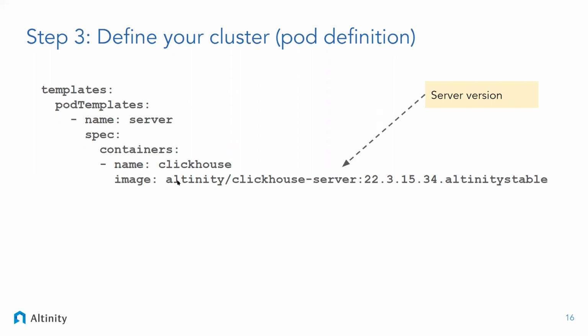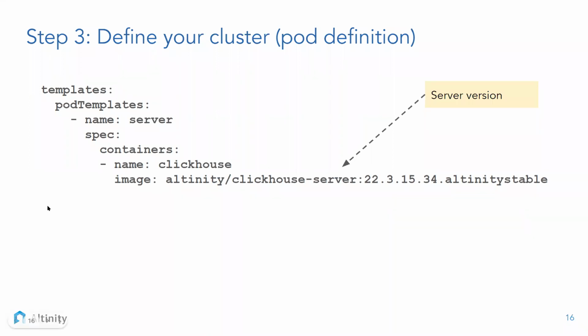So this is Altinity stable. These are the long-term support builds that Altinity does for ClickHouse. You can use any version of ClickHouse you want, so you can go get a container from the ClickHouse repo. You just give the name and the tag. It's as simple as that. And what will happen is when this is processed, it'll just pull it down and run that container.